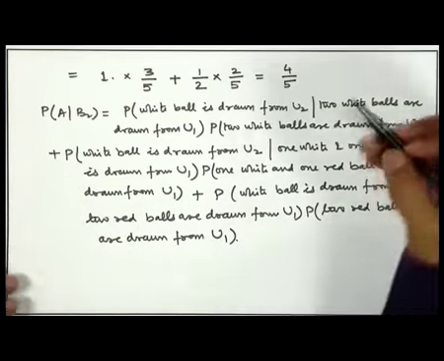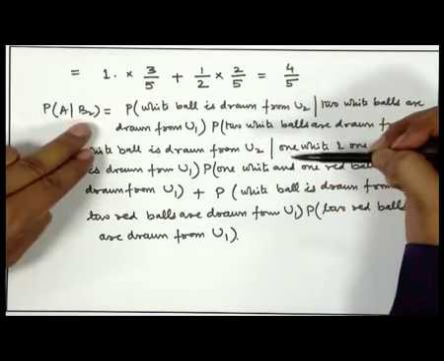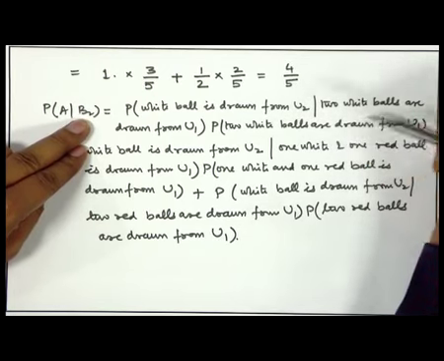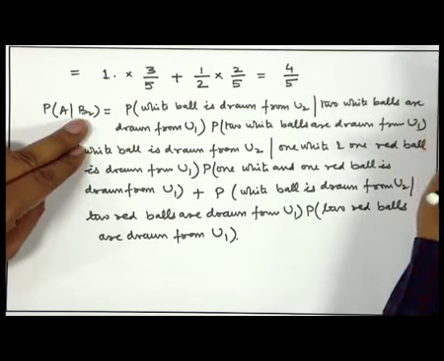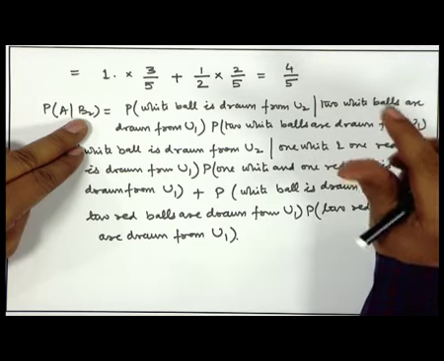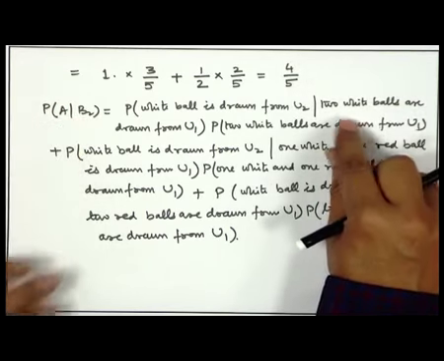Let me repeat the sentence here. We have applied the theorem of total probability. B2 means that a tail was obtained when the coin was tossed. If a tail is obtained, then we are drawing 2 balls from U1 and putting them into U2. So, we are looking at 3 possibilities.